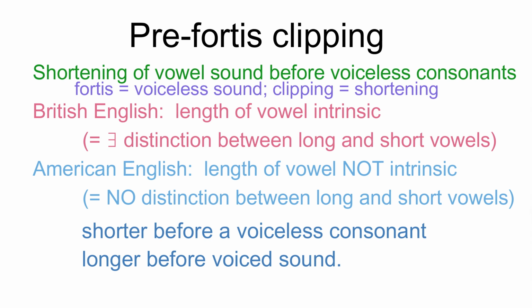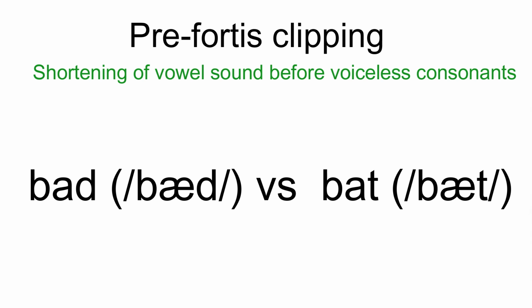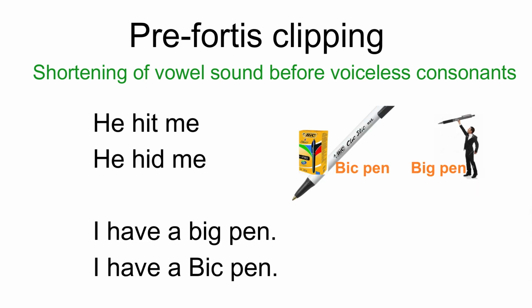For example, the vowel in bad is much longer than the vowel in bat. This change in vowel duration subtly helps listeners of English to determine which sound was spoken. Compare the following sentences. He hit me. He hid me. I have a big pen. I have a bick pen.